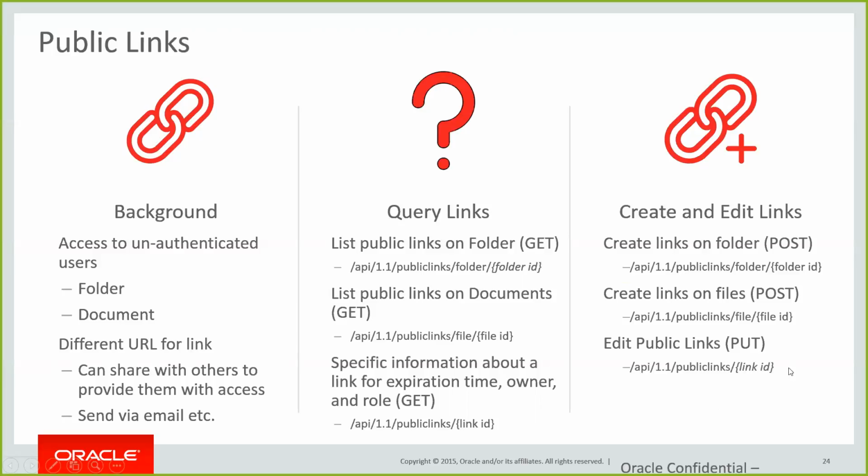For example, you can set different security properties. You can also get a list of public links. You can get a list of public links that are available for folders. You can get a list of public links that are available for files, and different information about a public link, for example, the expiration time, the owner, and the role.